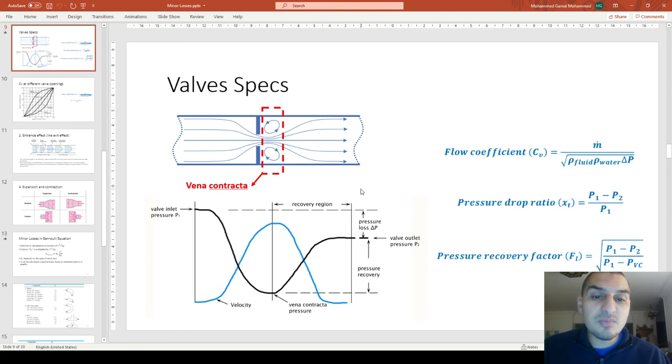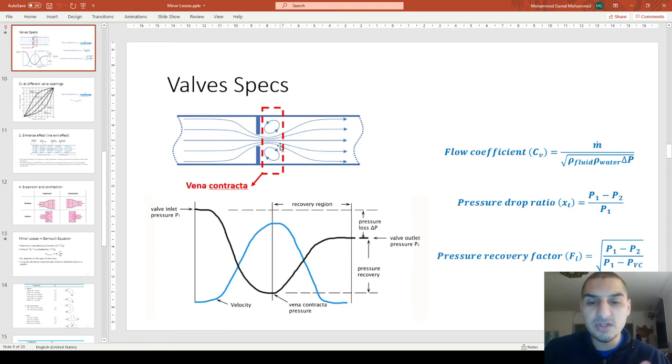But at some point, the velocity will reach its maximum value, so there is no way the velocity will increase, but the pressure will keep decreasing without any change in the velocity.